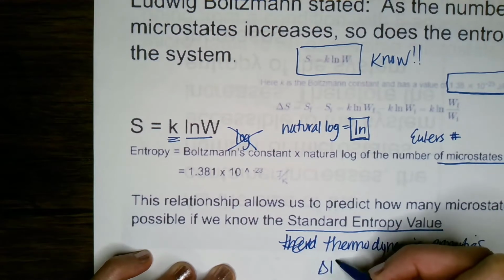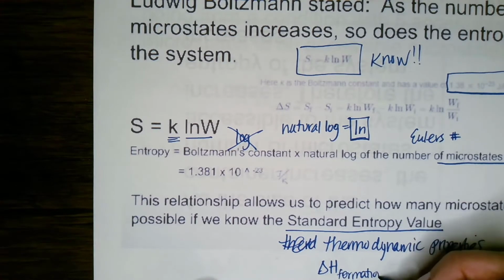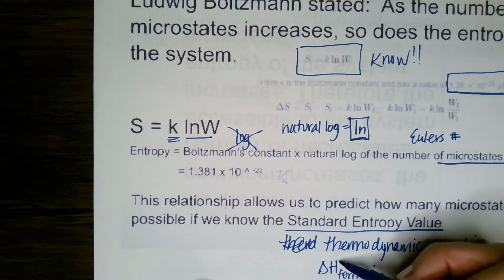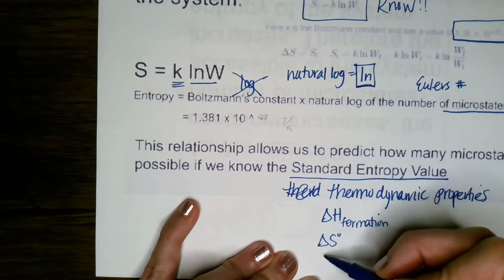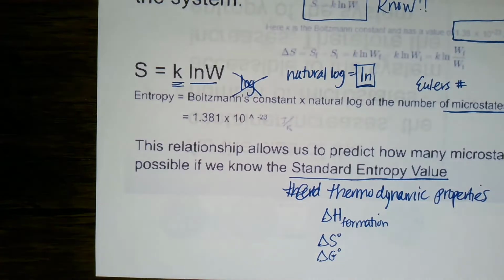We used it last chapter when we found the heat of formation, when we were calculating enthalpy. We'll use it this chapter when we are looking up standard entropy values, and we will use it later in our chapter when we're looking up Gibbs free energy.